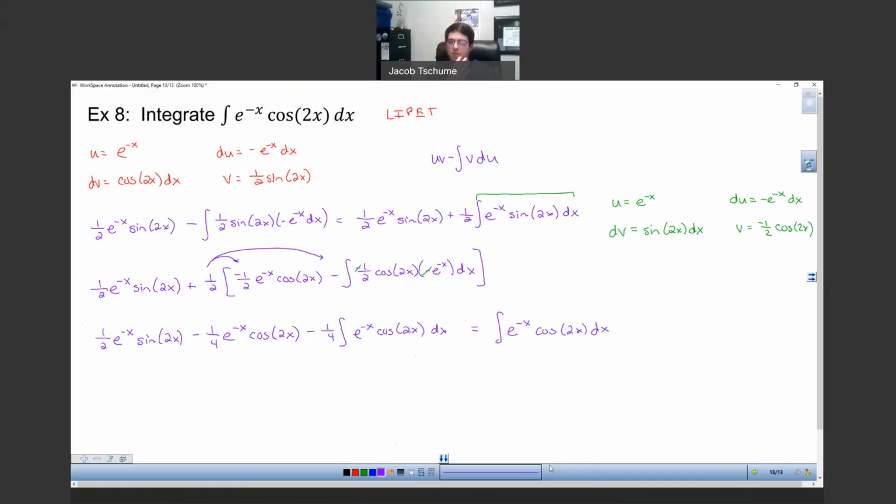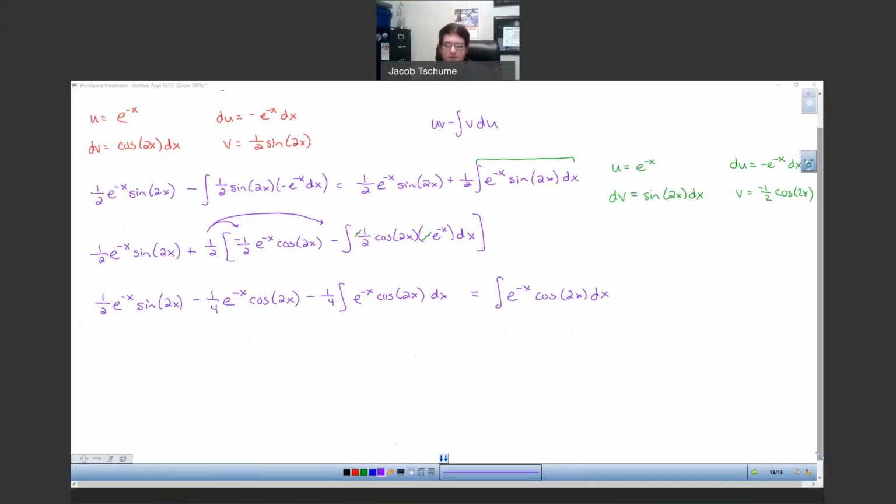And now what we're able to do is set up an algebraic integration problem. Because now that I have the same integral on both sides of the equal sign, I could add the 1/4 integral to both sides. And you're essentially treating the integral like a variable. That way you can actually combine these 2 terms.